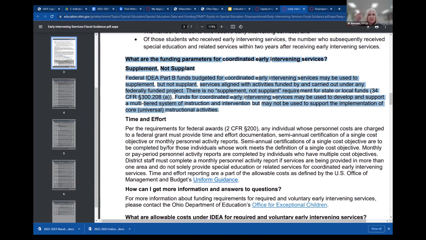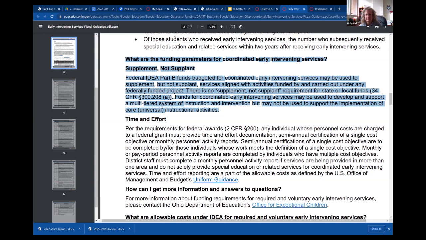I think that went back to a little bit of what Holly's example was. And I did find in the fiscal document, I don't know if I'm still showing that on my shared screen: what are the funding parameters for coordinated early intervening services, supplement, not supplant? There is no supplement, not supplant requirement for state or local funds.